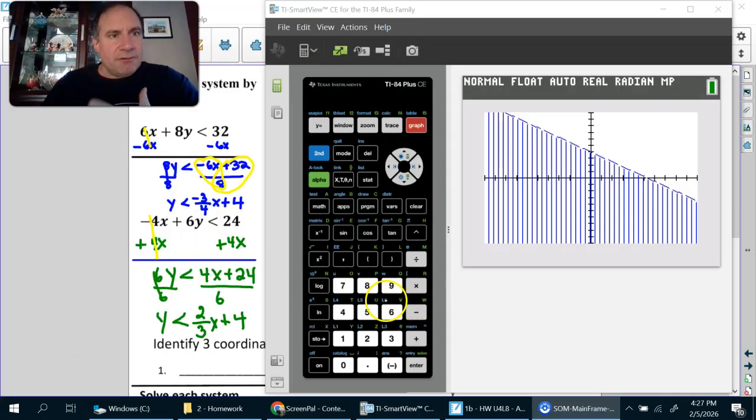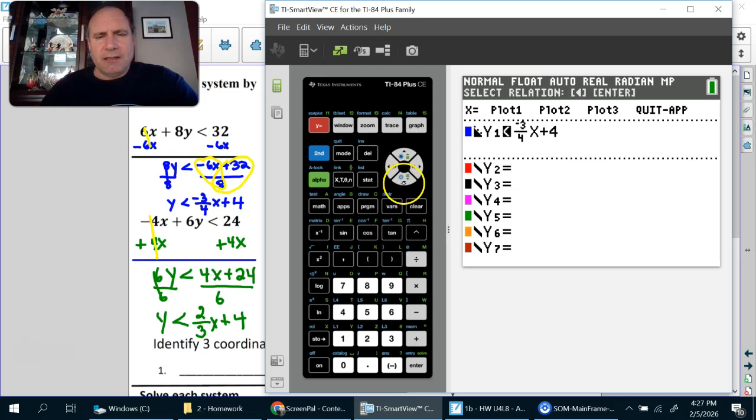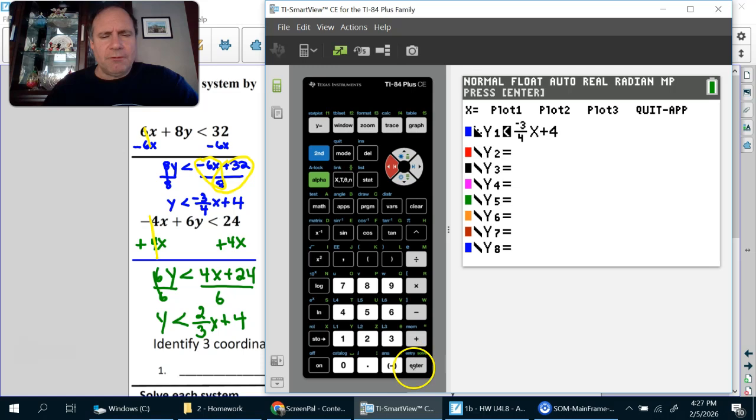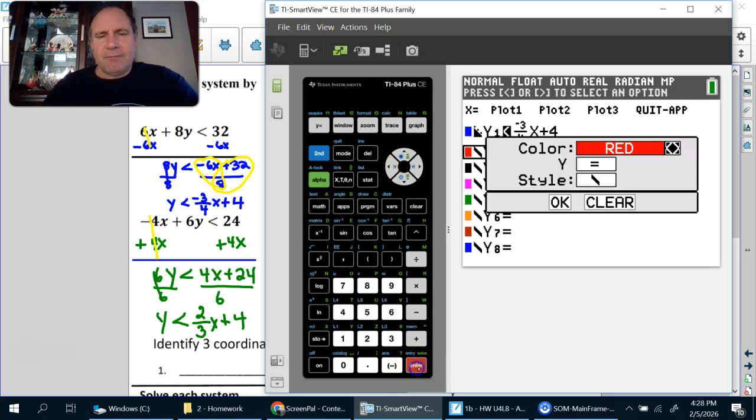Remember, the Inequalz app is active, so we're going to press y equals, and there it is. So we're going to go down to y2. We're going to highlight the y2 by pressing left, and then we're going to press enter. And once that comes up, we need a less than symbol, another less than symbol. So I'm going to press to the right once, and there's your less than.